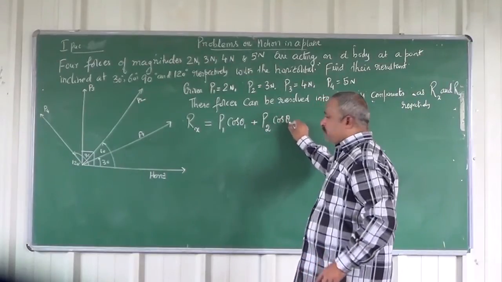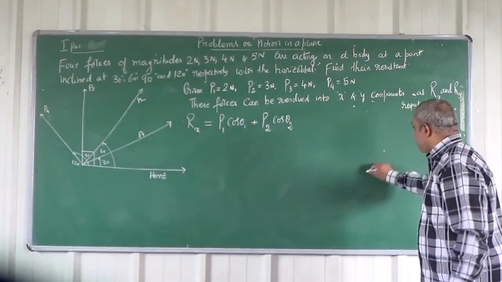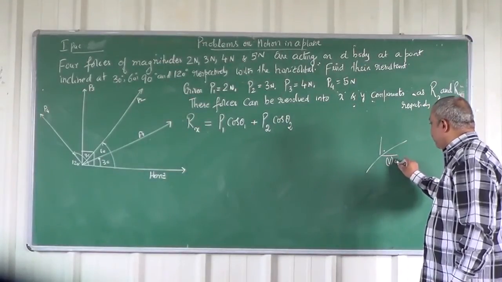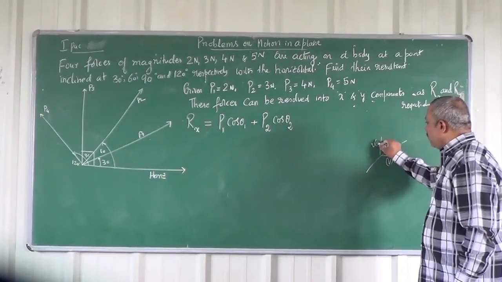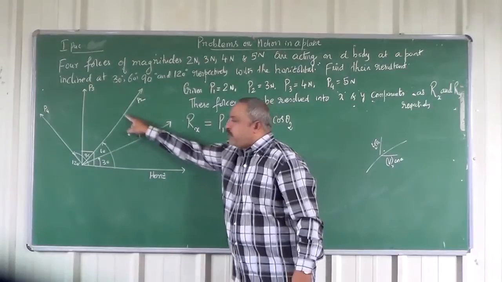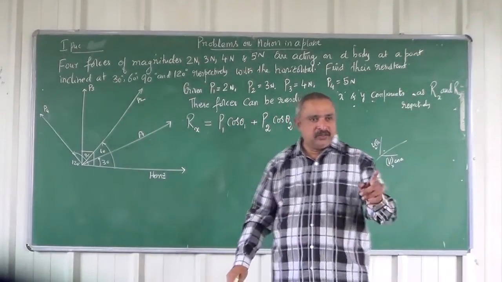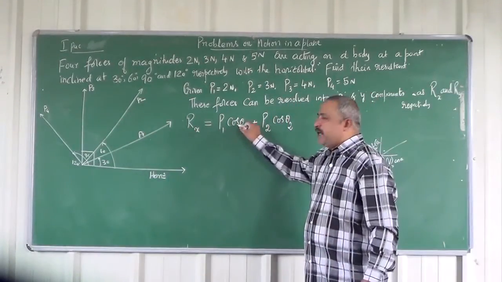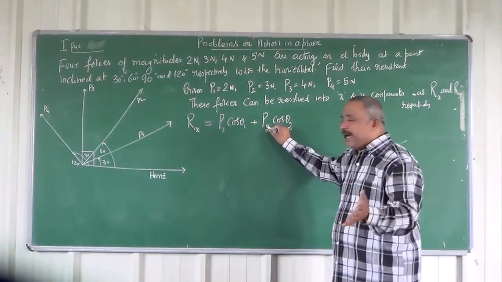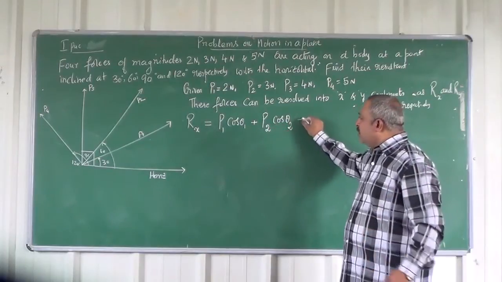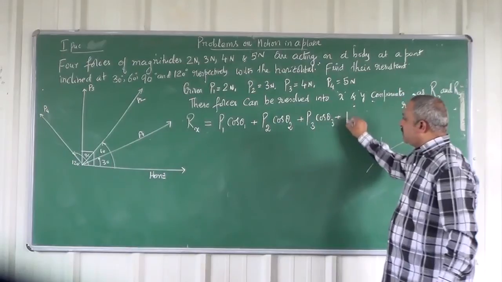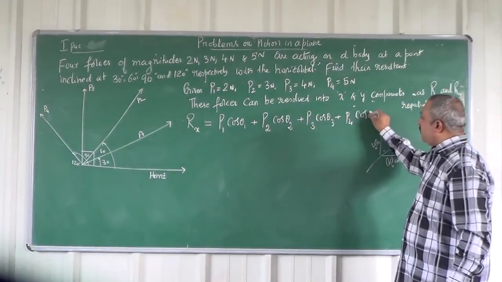P2 cos theta 2. See, when I told you in projectile, how do you resolve this? This is v, velocity into cos theta. This is velocity into sin theta. This is vx and vy. Here we are now taking force as P1, P2, P3. So instead of velocity, force into cos theta 1 is the x component of the first force, then the x component of the second force. Tell me this, P3 cos theta 3 plus P4 cos theta 4.